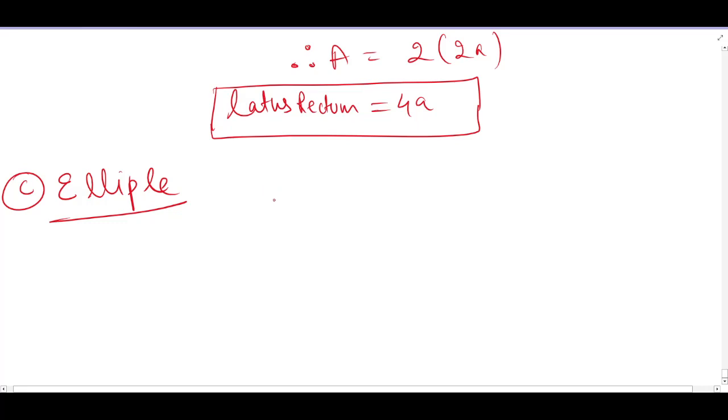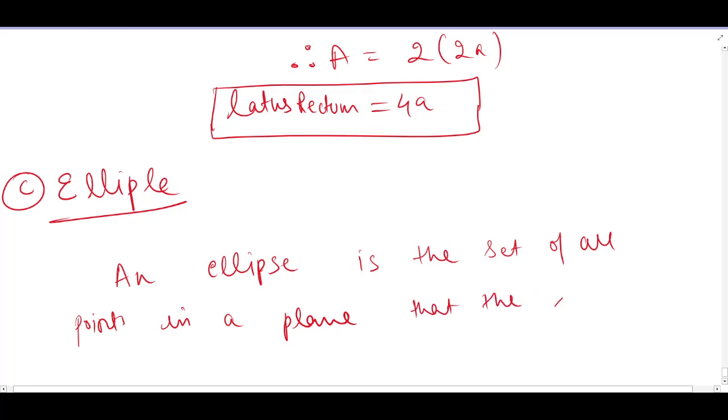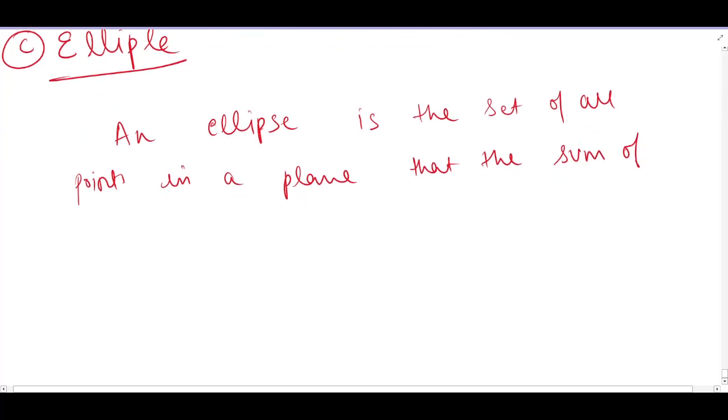An ellipse is the set of all points in a plane, the sum of whose distances from two fixed points is constant.